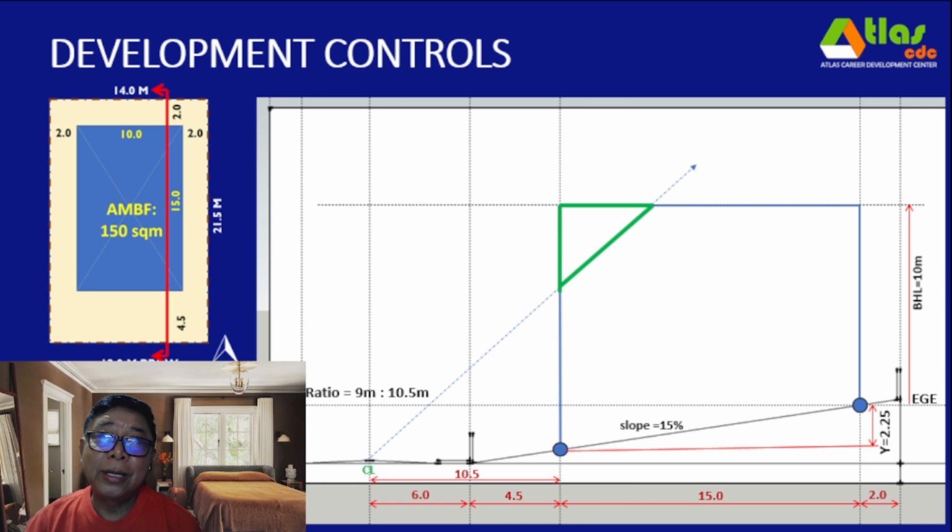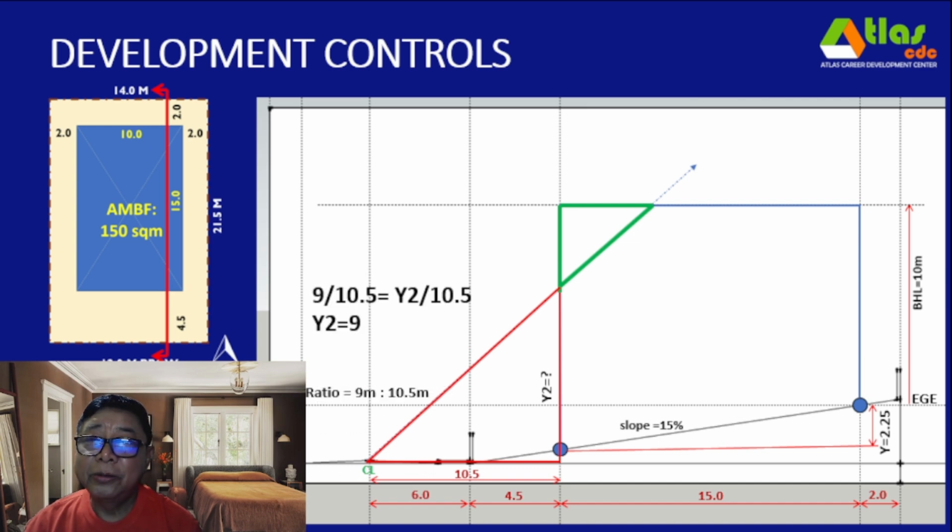So that one will have no dimension, so we have to determine what will be the dimension of that triangle, basing it on our initial value of the BHL of 10 meters and the angular plane with a ratio of 9 is to 10.5. So we can see that that angular plane forms a triangle to the outermost face of the building with a base of 10.5 meters. So with that information, we can determine the height of that triangle.